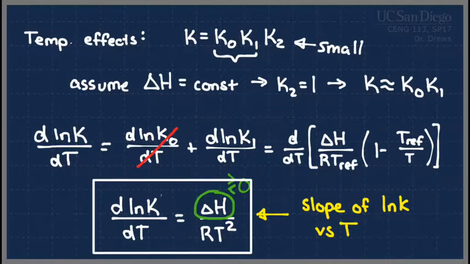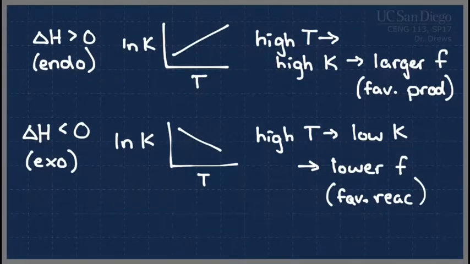Actually, rigorously, that is true because K2 will be exactly equal to 1. And so that expression relating ln of K to temperature is exactly true if delta H is constant. As a result, we can just integrate both sides of that. If we integrate both sides of that from any arbitrary K and initial temperature to any other K and any other temperature, so if you separate that, it's a nice separable one.